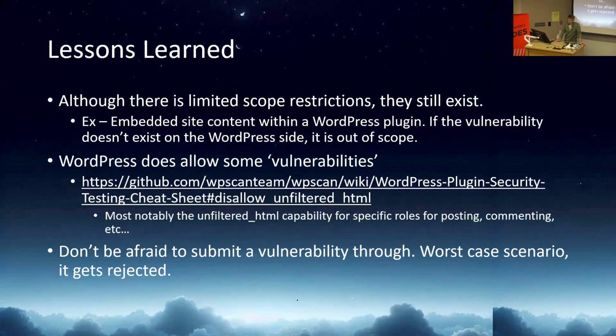I ran into a few issues with that early on, trying to determine the scope of what I could actually test. One of the ones I found was from a startup, a smaller healthcare company that was embedding HIPAA documents for HIPAA compliancy, and they were embedding their stuff through a WordPress plugin.